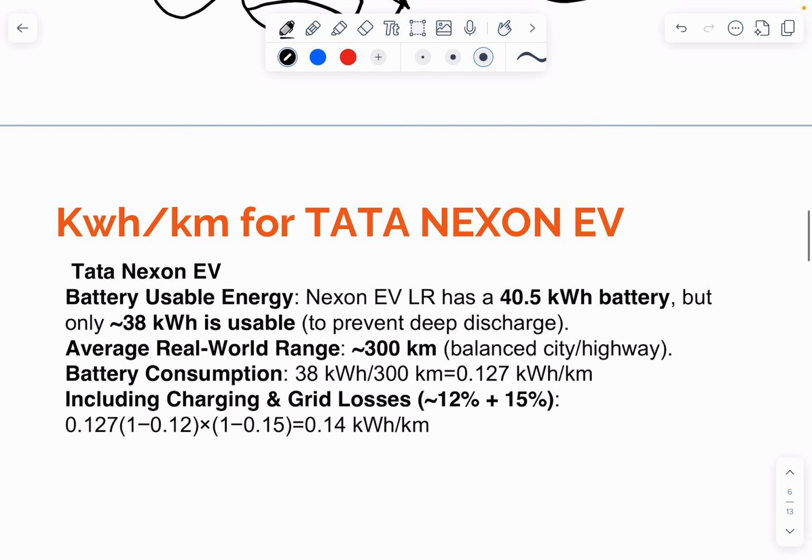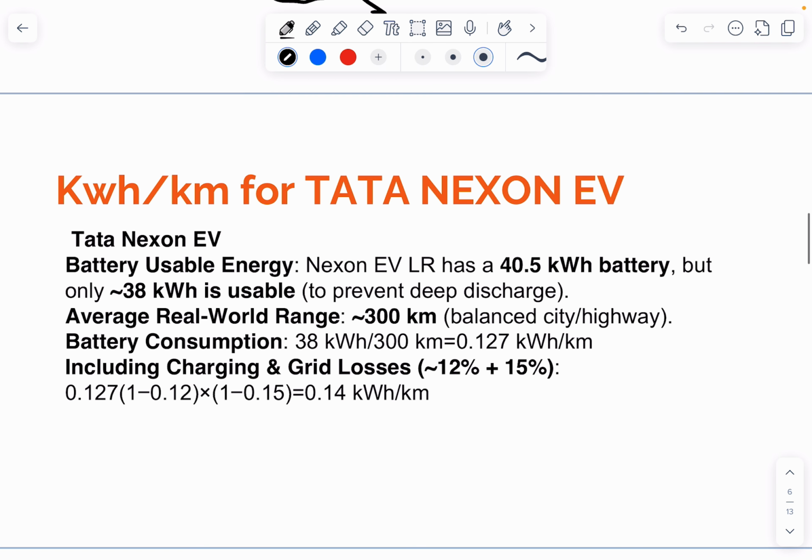And how is that calculation done? For that, I had assumed the range. Range is basically the kilometers which the vehicle travels per charging. Again, for these assumptions we used the data of the Tata Nexon EV, and depending upon the kind of road one is traveling, this number could be less or more.